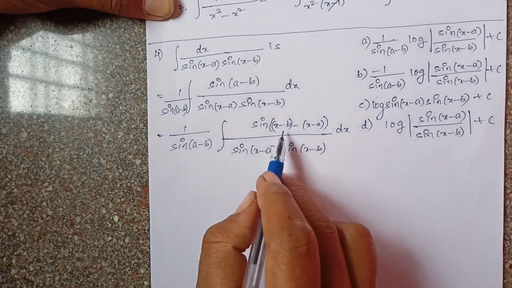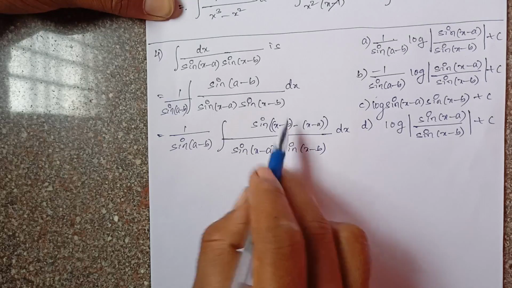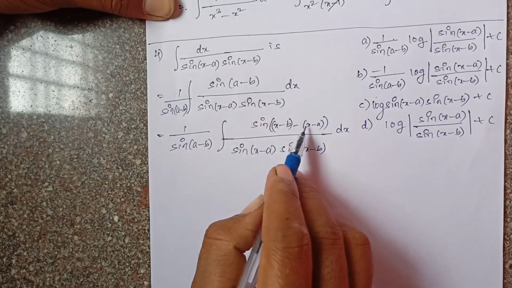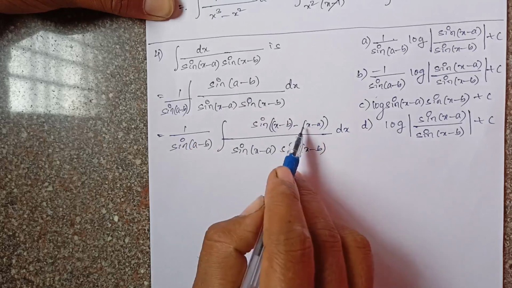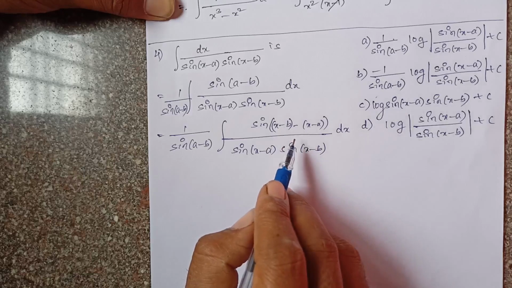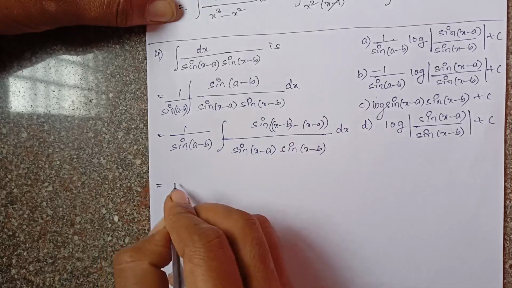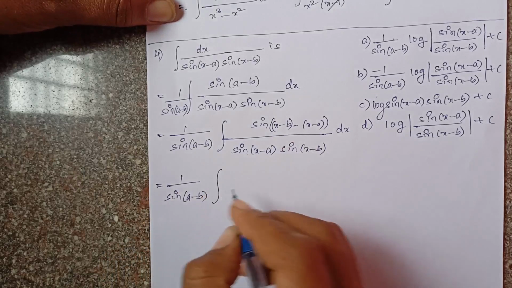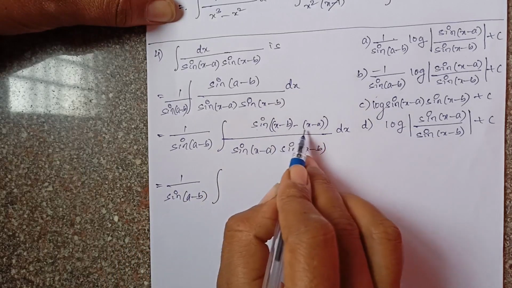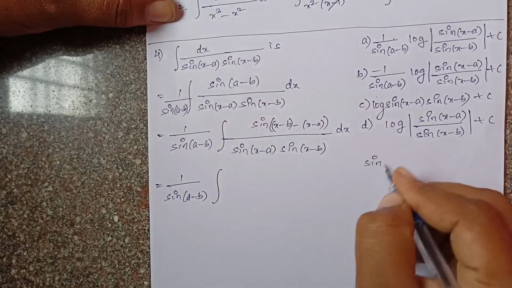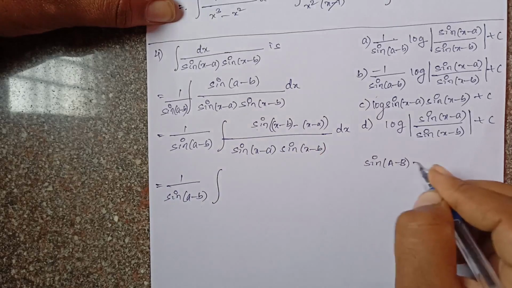While writing, you should cross check whether, if you simplify, you will get the original terms or not. Yes, you see, x - b - x + a, x gets cancelled out, it is a - b only. Okay. 1 divided by sin(a - b) as it is, the integration of this numerator is in the form sin(a - b). What is the sin(a - b) formula?